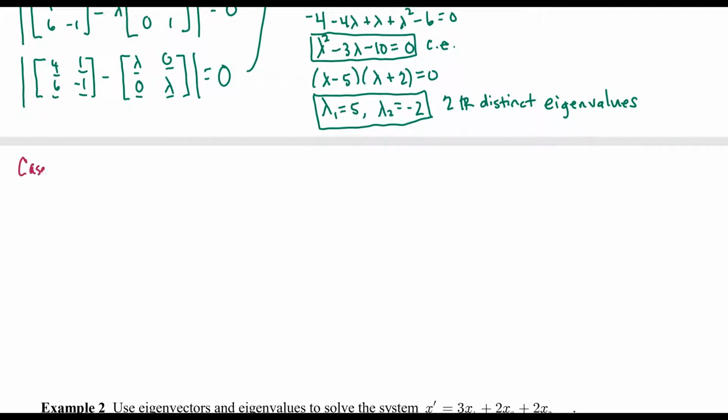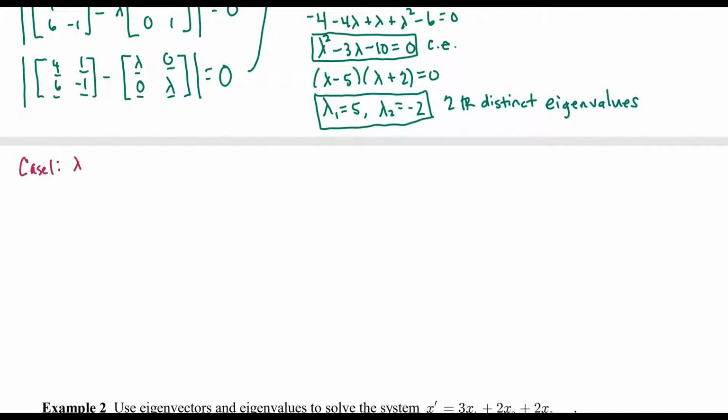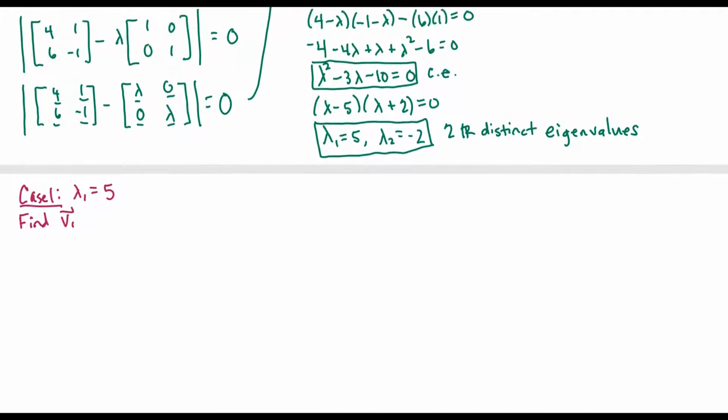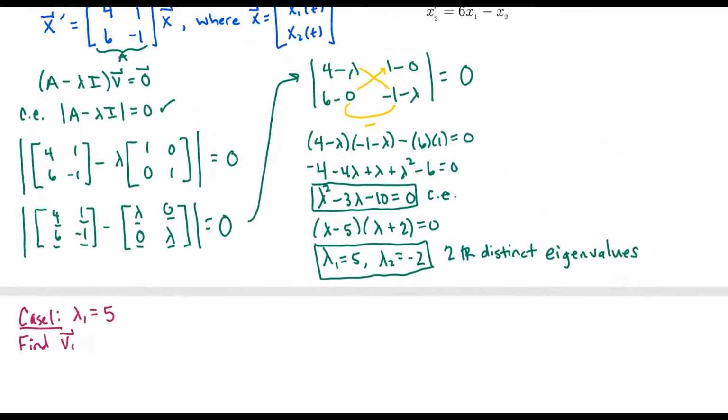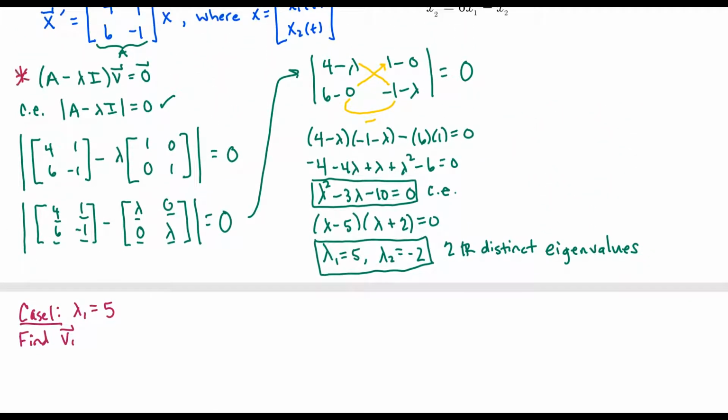So case 1, eigenvalue lambda sub 1 equals 5. We want to find eigenvector v sub 1. Now the way that we're going to do this, we're going to come back up here to our matrix equation.